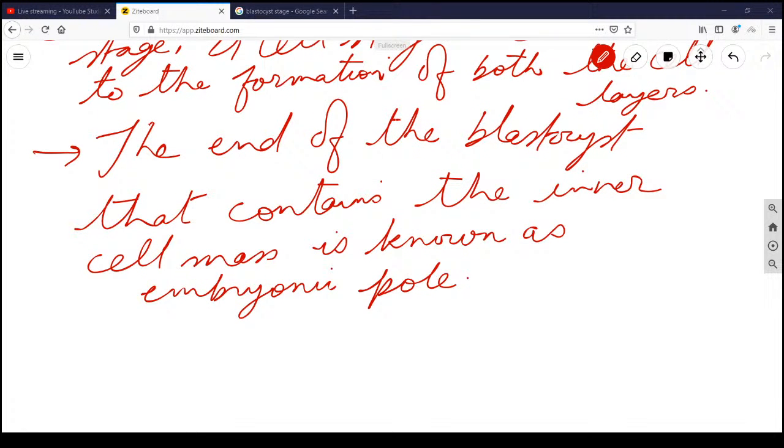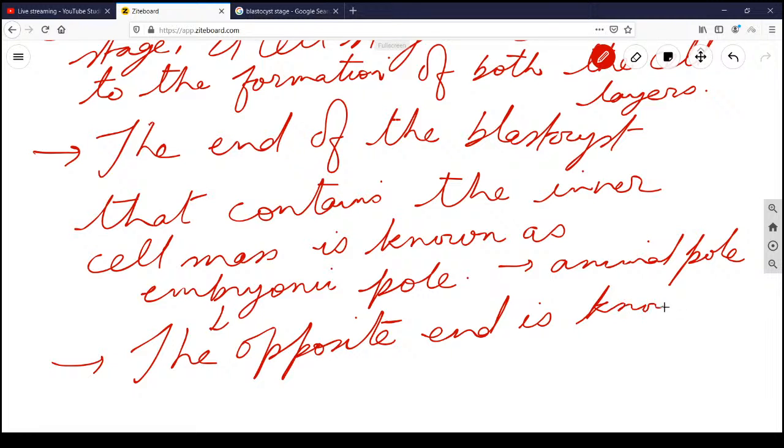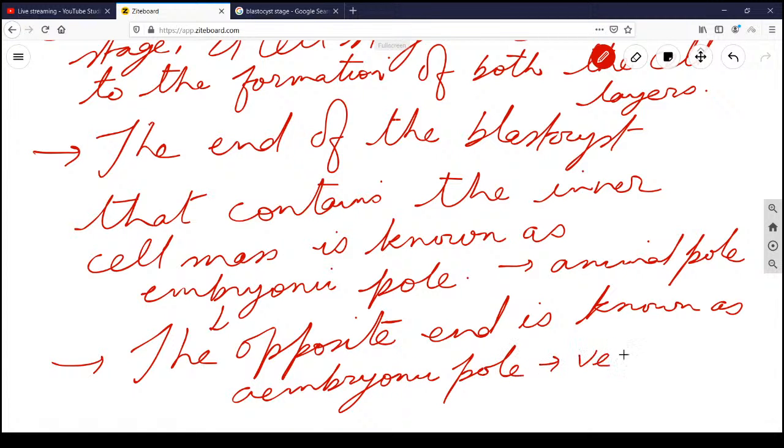And the opposite end is known as the abembryonic pole. The embryonic pole is also known as the animal pole. Sometimes the abembryonic pole is also known as the vegetal pole.